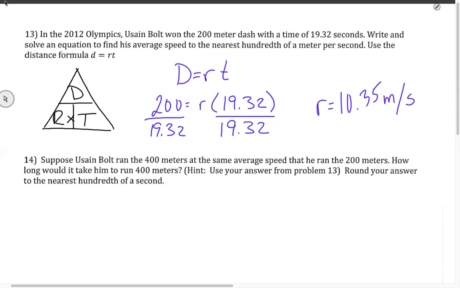So this room is just under 10 meters. Usain Bolt would run from that wall to this wall in under a second.